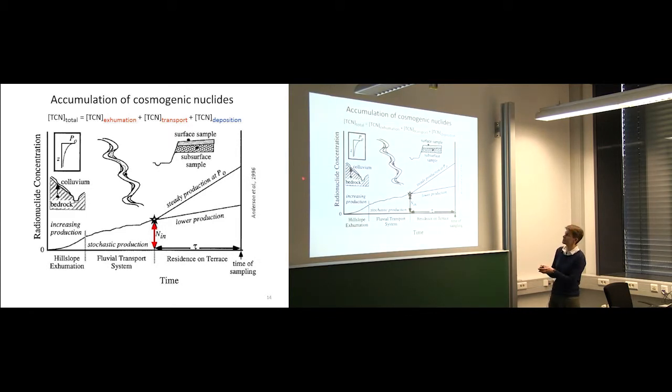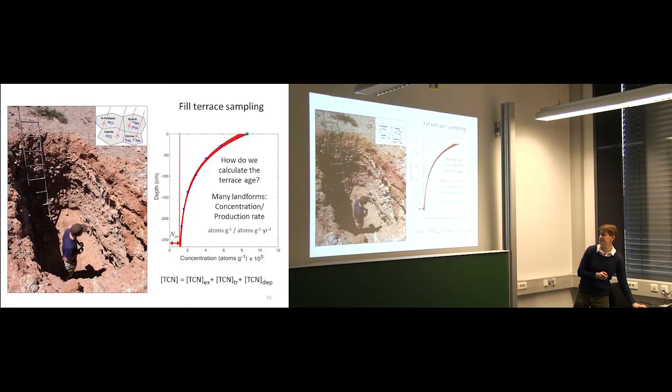Each of those little grains had this whole history that allowed them to accumulate some concentration at the time of deposition, right? So we're starting with a non-zero concentration. So if we want to calculate the exposure age of this terrace, we need to subtract that amount that we started with. Okay, so I'll just tell you, we call that starting concentration the inherited concentration.